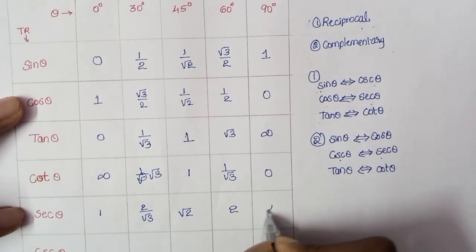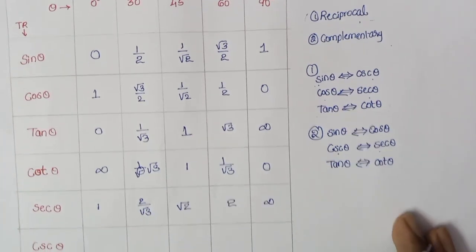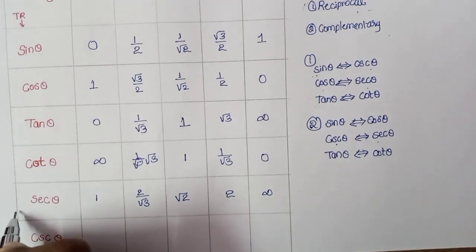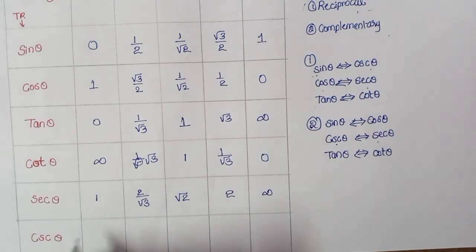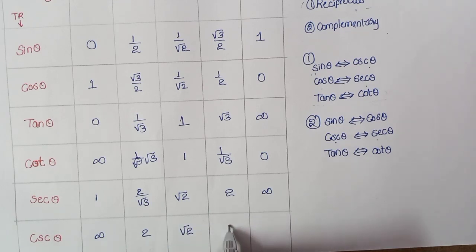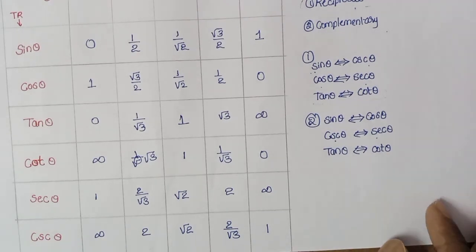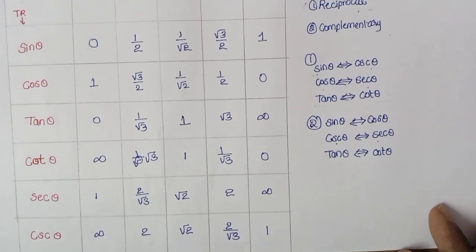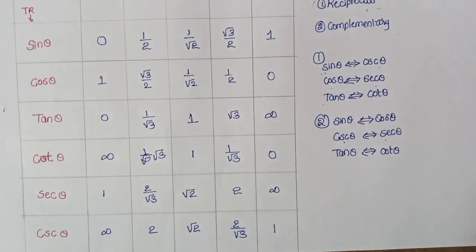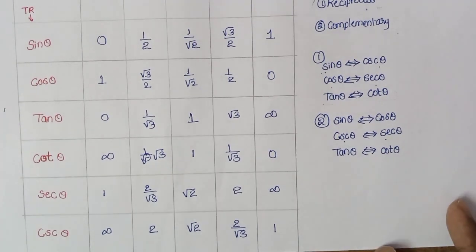Here 1 by 0, infinity. These two have a complementary relationship, so you can write from this side: infinity, 2, root 2, 2 by root 3, and 1. These are the values you can remember very easily. And remember which have a complementary relationship and which have a reciprocal relationship.